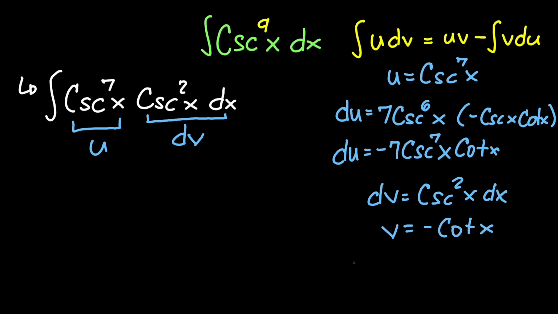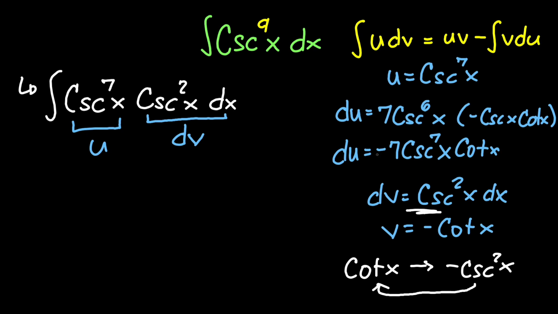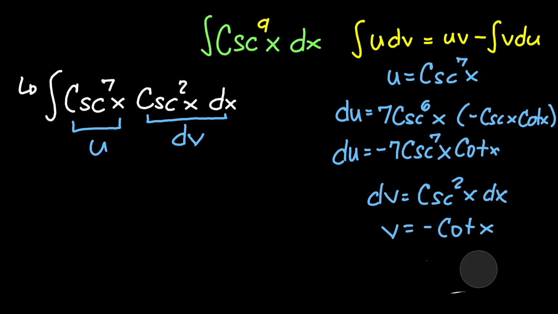Just a reminder, the derivative of cotangent of x would be equal to negative cosecant squared of x. And since the opposite of a derivative is an integral, the integral of negative cosecant squared of x would be cotangent of x. But since what we have here would be a positive cosecant squared of x, our integral would be a negative cotangent of x.